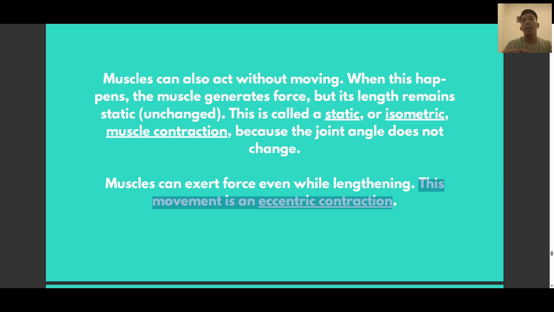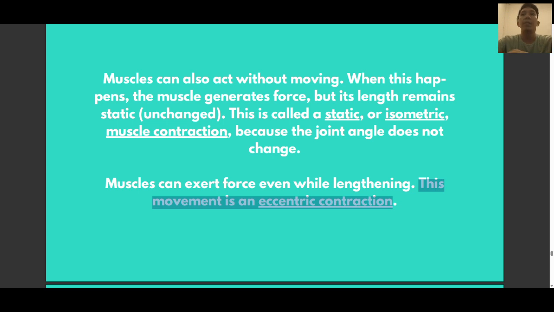Essentially, we stretch. So when we lift a dumbbell, the muscle automatically shortens. Then when we lower the dumbbell, that is what we call eccentric contraction, because the thin filaments are pulled farther away from the center of our sarcomere.